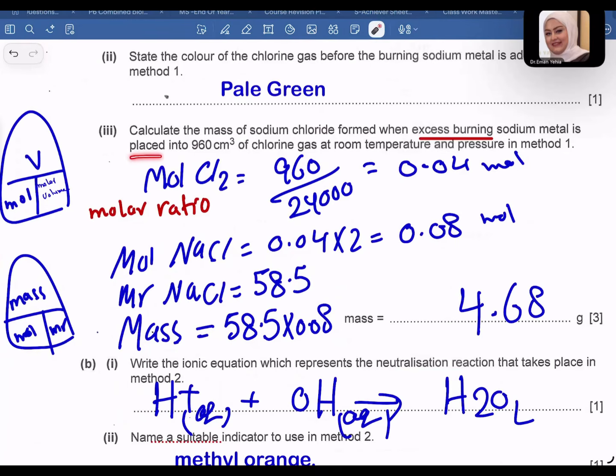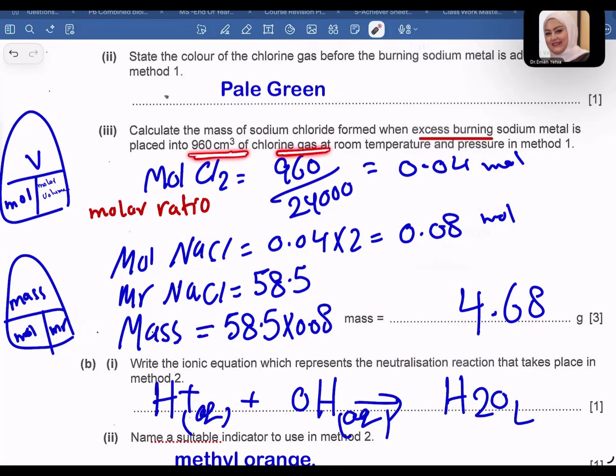To calculate the mass, use the triangle for mass, which is mole equal mass over Mr. Then ask yourself, do you have the mole of sodium chloride? And Mr is already simple because you know the chemical formula, so you can calculate the Mr. But you don't have the mole. How to calculate the mole? By molar ratio. Full information is given.